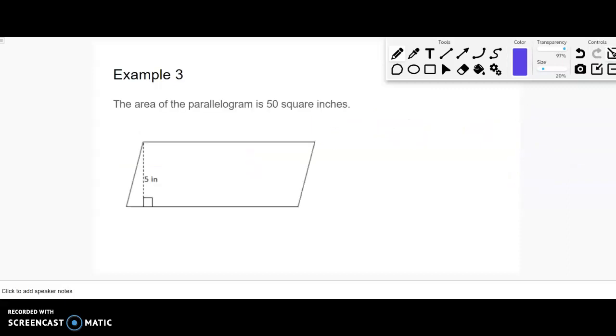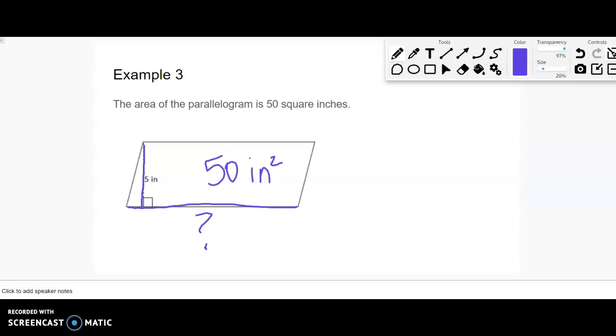Let's do one more. Okay, so in this case, we know that the area is 50 square inches. We know the area. And so it looks like we're trying to figure out what the base is. We know the height is 5. So we're saying, okay, what's this base? We did similar problems to this with rectangles.